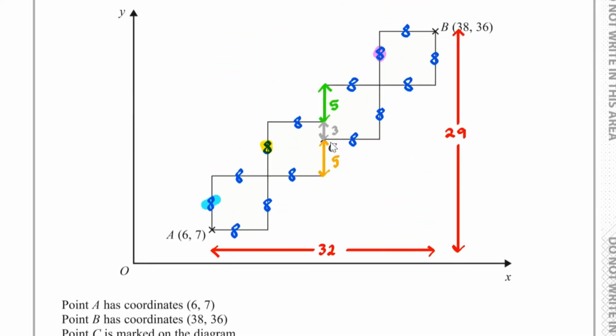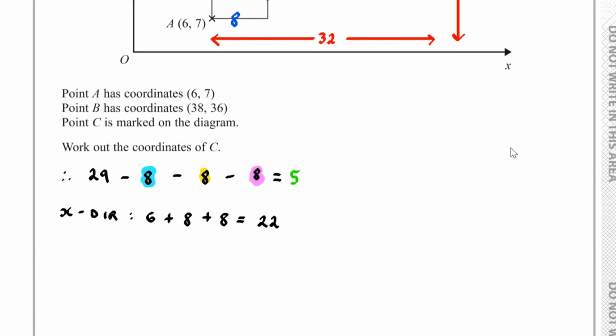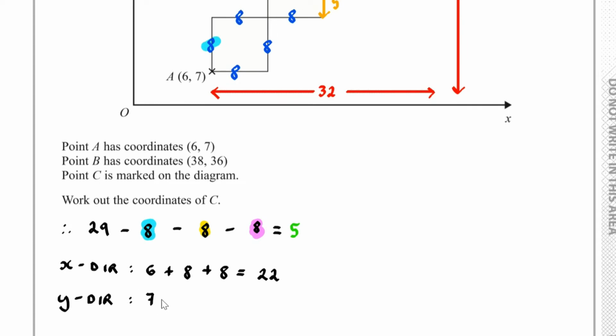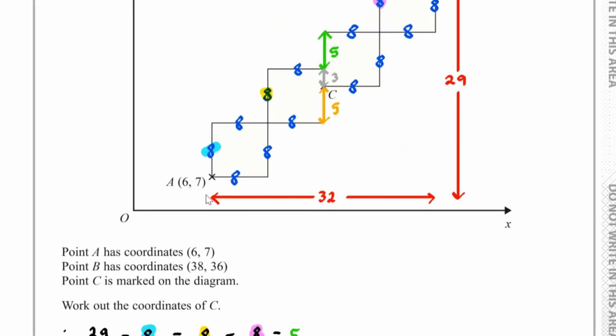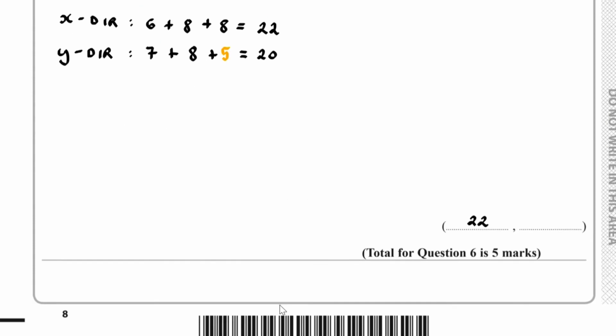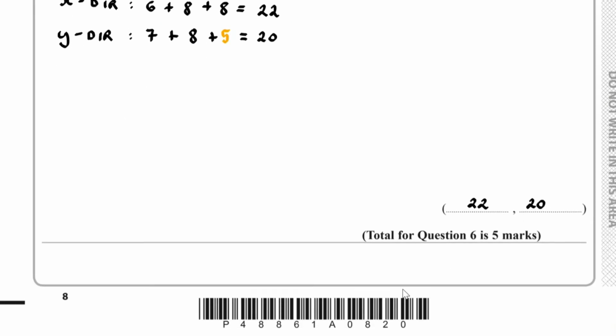So we have the x-coordinate of C being 22, and for the y direction, we start off at 7, we add on the 8, and then we add on the 5. And so what we end up with over here is 20. The y coordinate of C is 20.